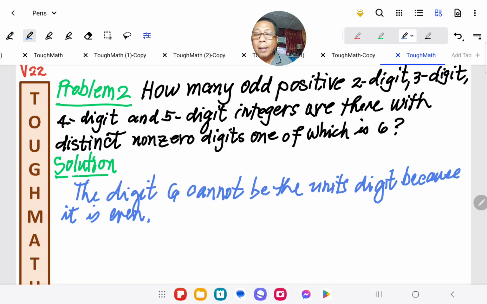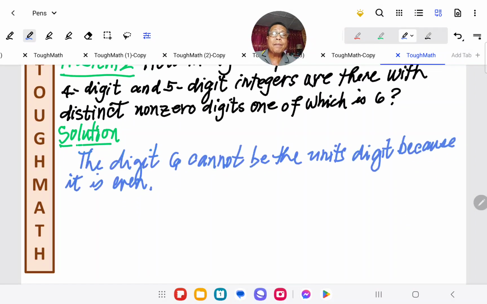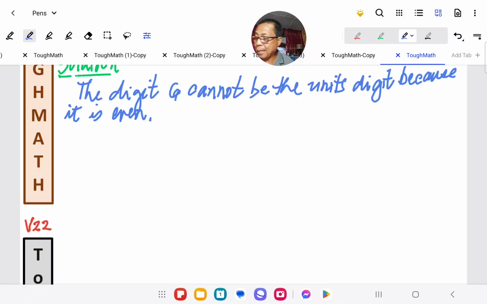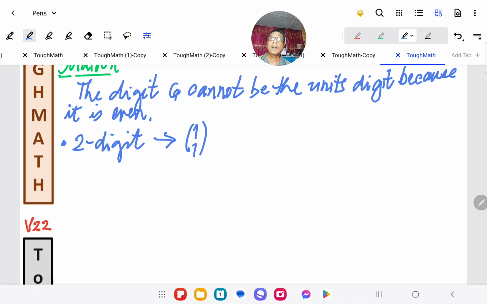Okay, so for the 2-digit, this is the simplest case. For the 2-digit case, we have one choice for the tens digit, because the 6 should be the tens digit in this case.